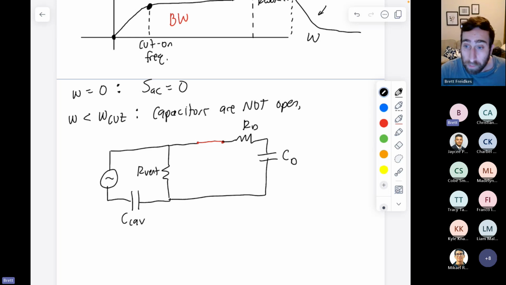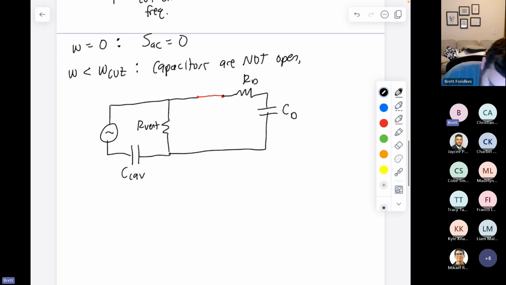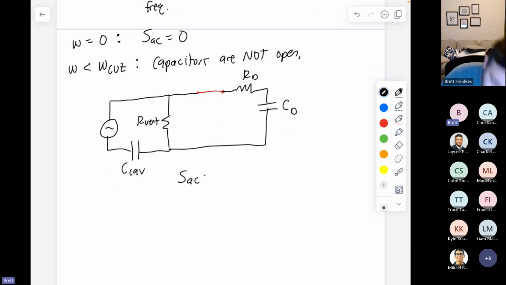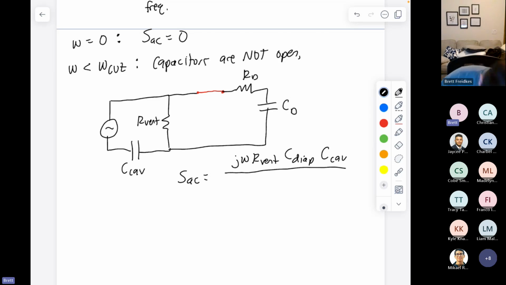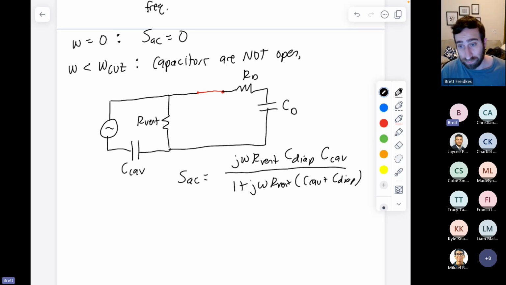If we go through the math with that, we end up getting that our acoustic sensitivity is j omega R_vent times the compliance of the diaphragm times the compliance of the cavity, over 1 plus j omega R_vent times C_cav plus C_diaphragm.